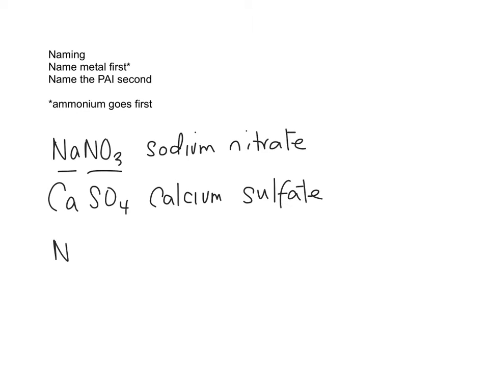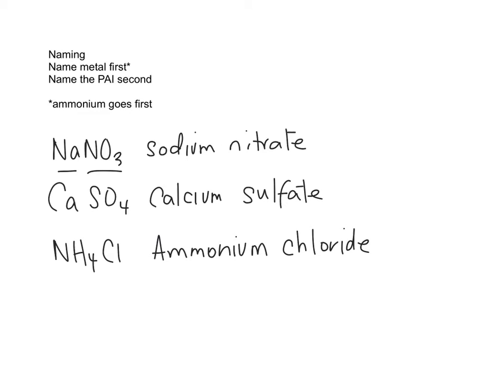If we have NH4Cl, we've got ammonium. Don't forget that the anion ends in IDE, so this is chloride. You can sometimes have ammonium with another polyatomic ion.